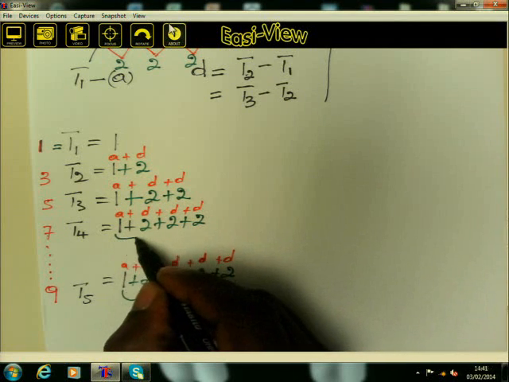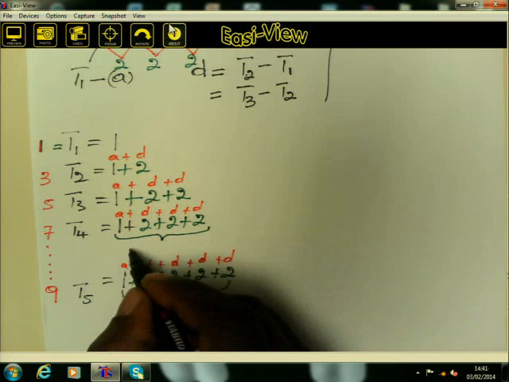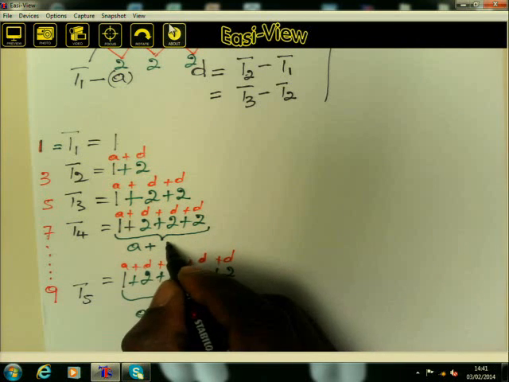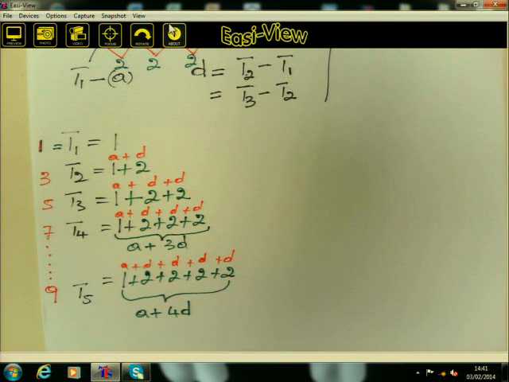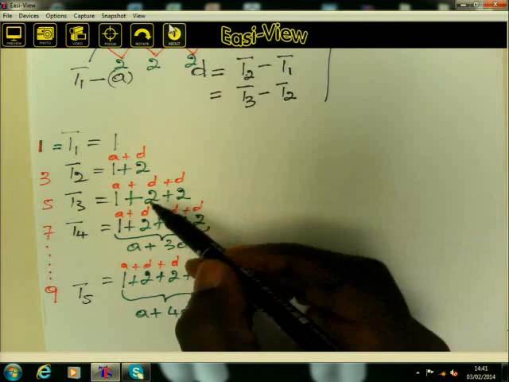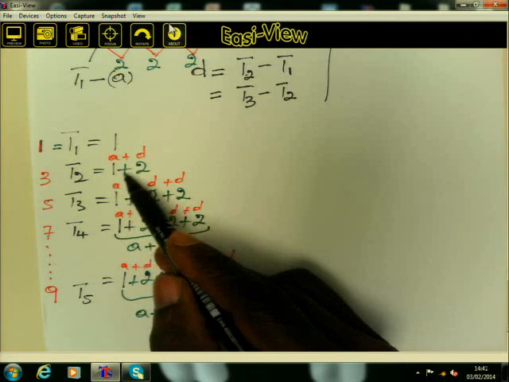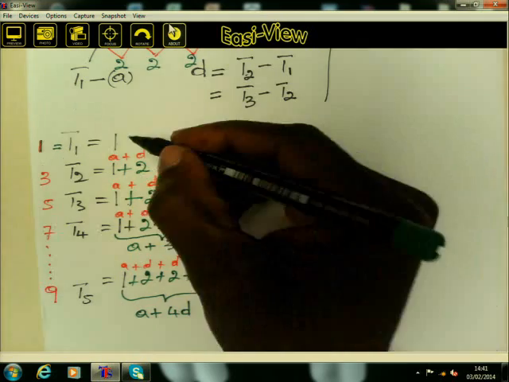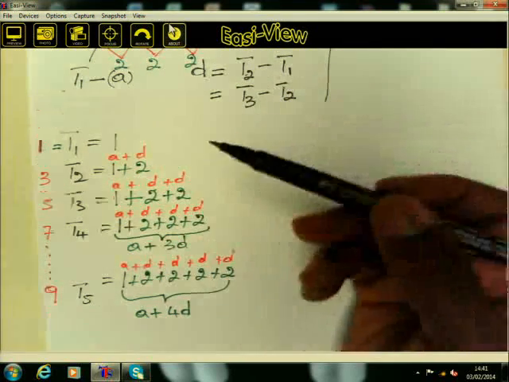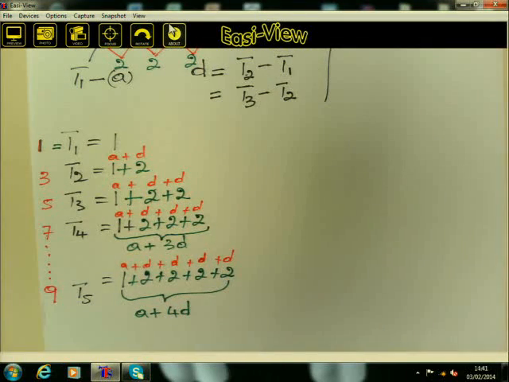So the same thing there. We can write that one as A plus 3 differences. The same thing will happen, that one A plus 2 differences, A plus 1 difference. This one, it is the same as 1 plus 0 difference. There is no difference there because that is the first term. Right.